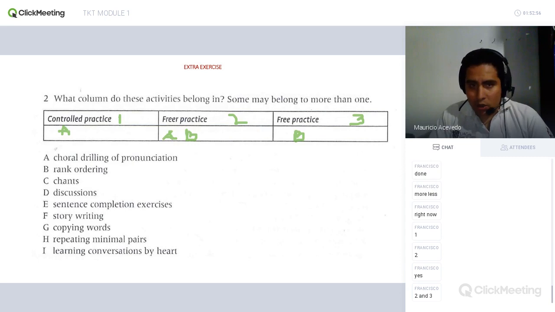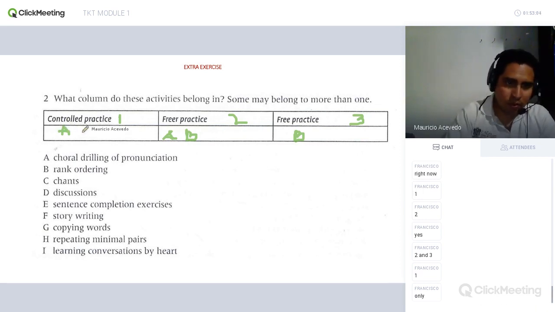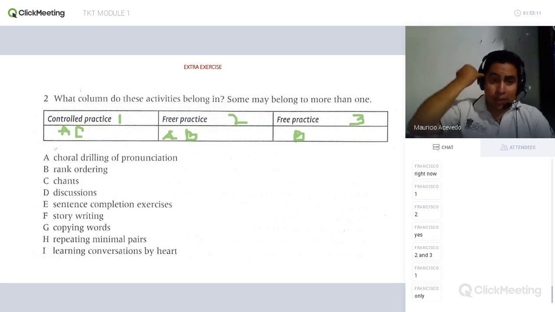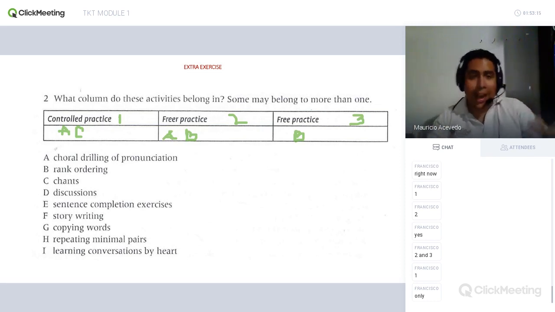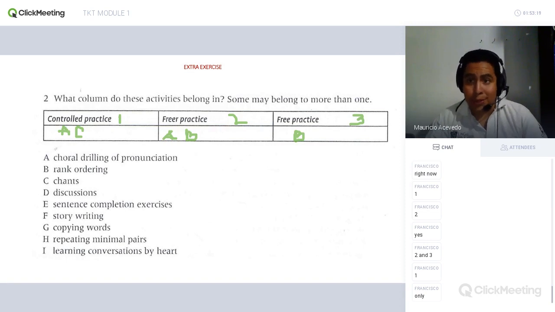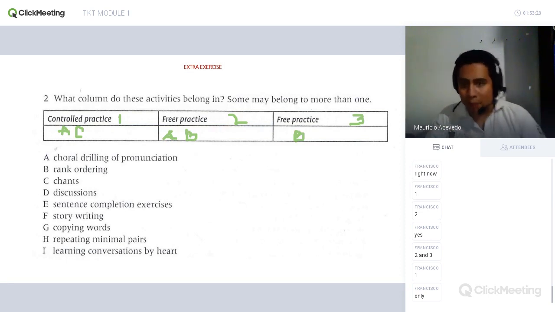Controlled practice, freer, or free practice? One? Only one? Yes, right? Maybe because you cannot control the songs. They are already done. So you just fill the gaps, but you don't have any choice, right? Or maybe you can have choices if you have a chart. So maybe I will also put free practice, but that's okay.